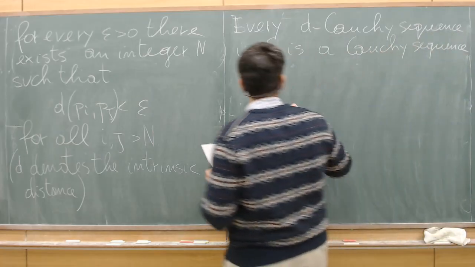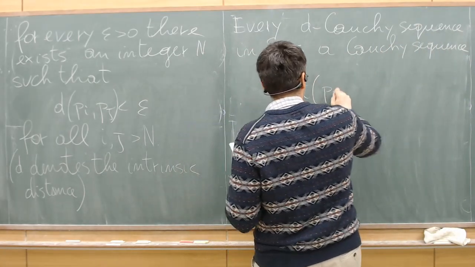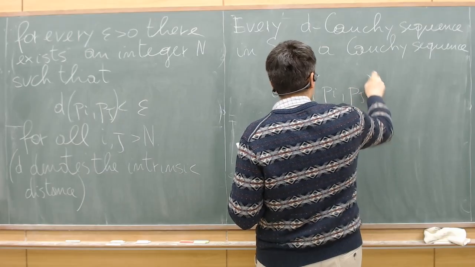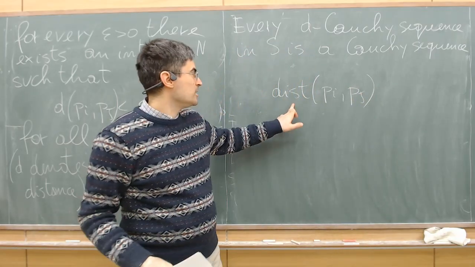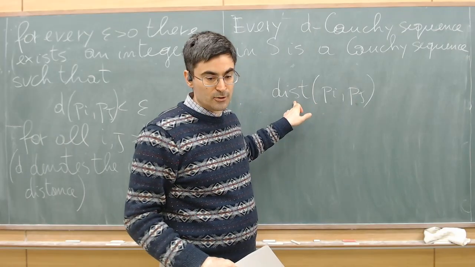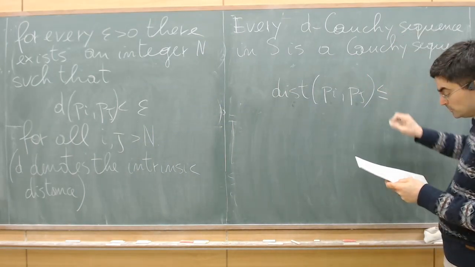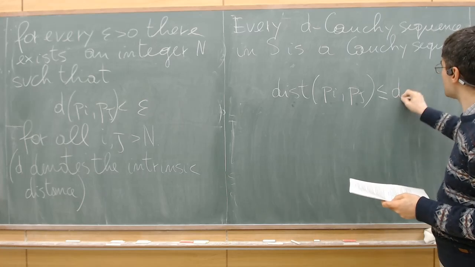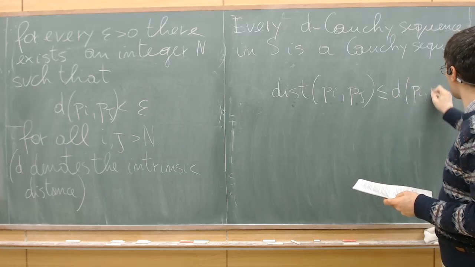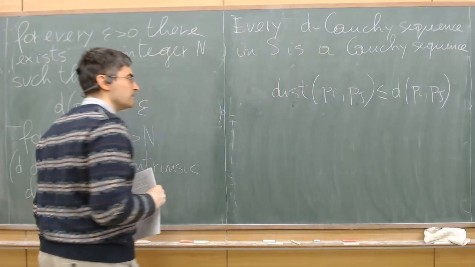Because if this denotes the distance between Pi and Pj in R3, then this is less than or equal to the intrinsic distance between Pi and Pj.